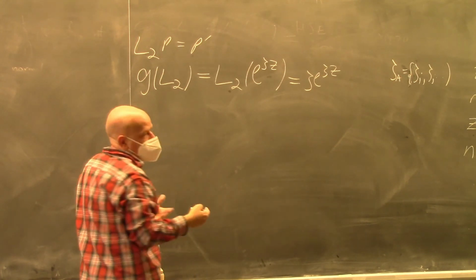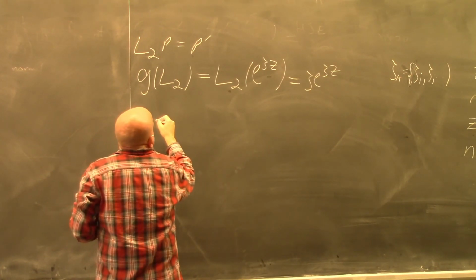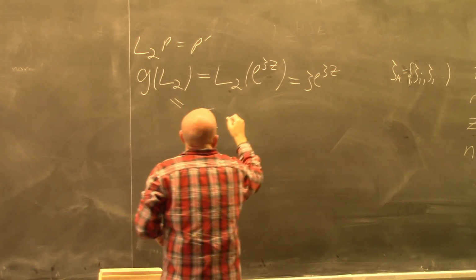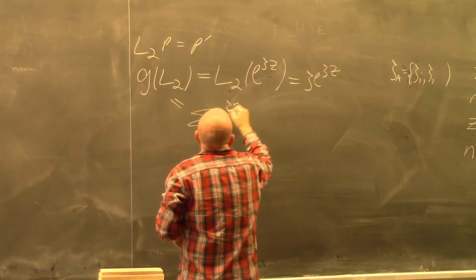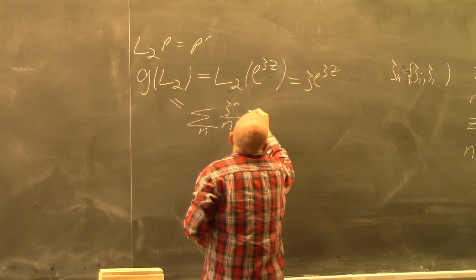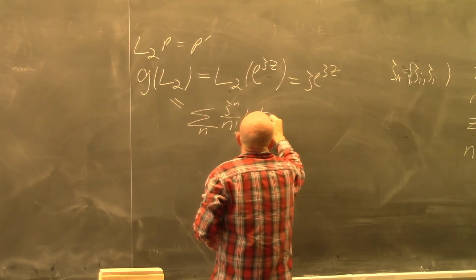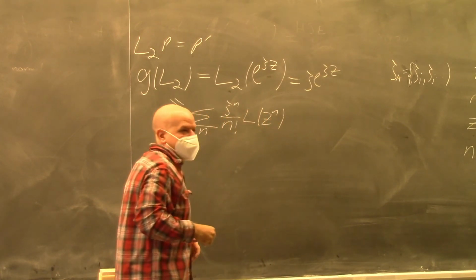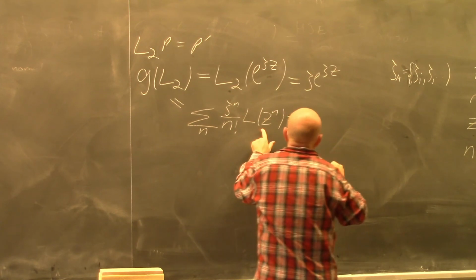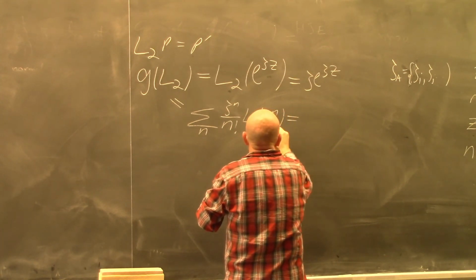Alternatively, I could go directly from the definition. On the other hand, this is the sum over n of zeta to the n divided by n factorial, L of z to the n. L of z to the n is n z to the n minus 1.